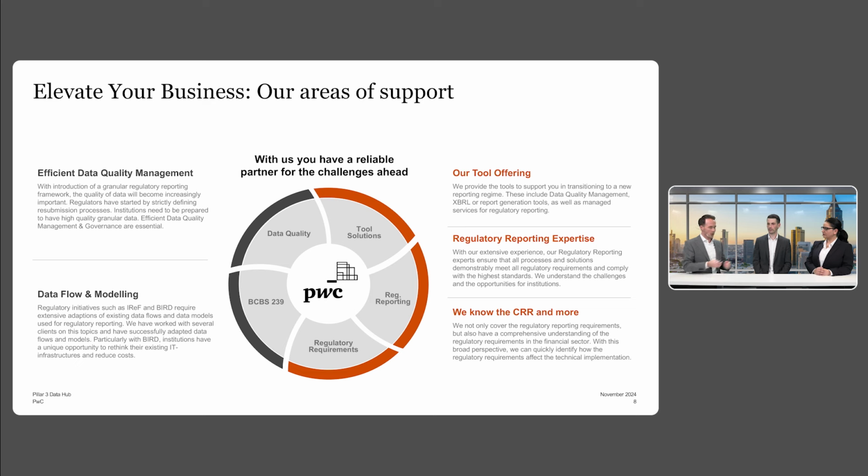Machine readable text is even required, and so on and so forth. So there is definitely a need for increasing data quality and consistency in your Pillar 3 report for the Pillar 3 Data Hub. And this is, I believe, the overarching theme about this whole story.